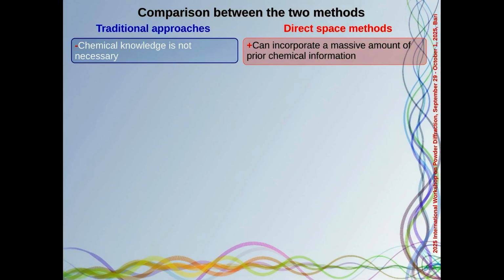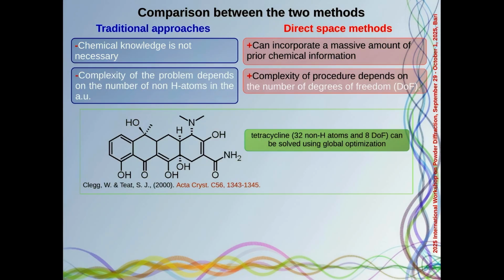In direct space methods, chemical knowledge is the aspect that determines the success of the method, because direct space methods are able to incorporate a massive amount of chemical information directly in the process of structure solution. Another important aspect: the complexity of the problem in the case of a traditional direct method or Patterson method depends on the number of non-hydrogen atoms in the asymmetric unit. In the case of direct space methods, the complexity depends on the number of degrees of freedom.